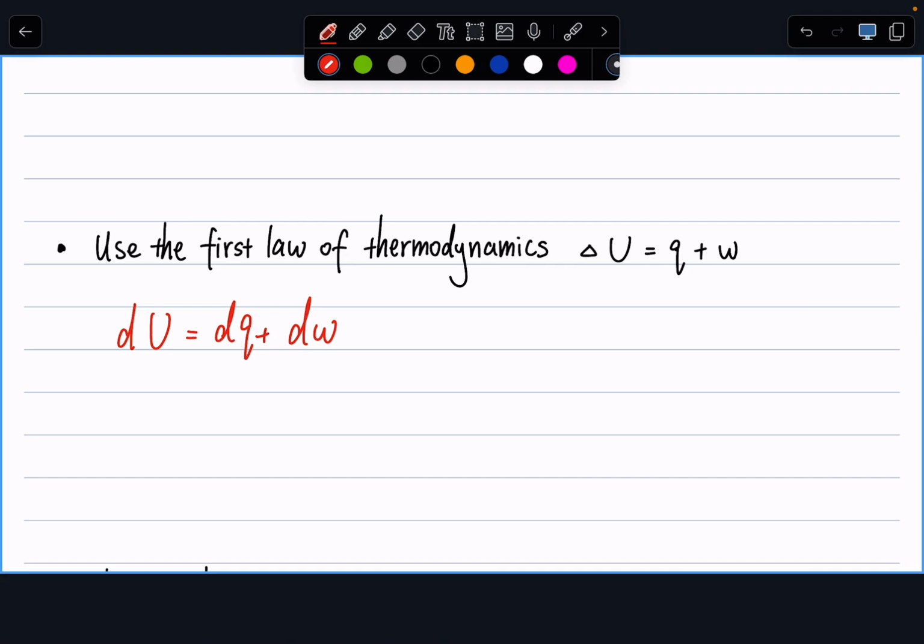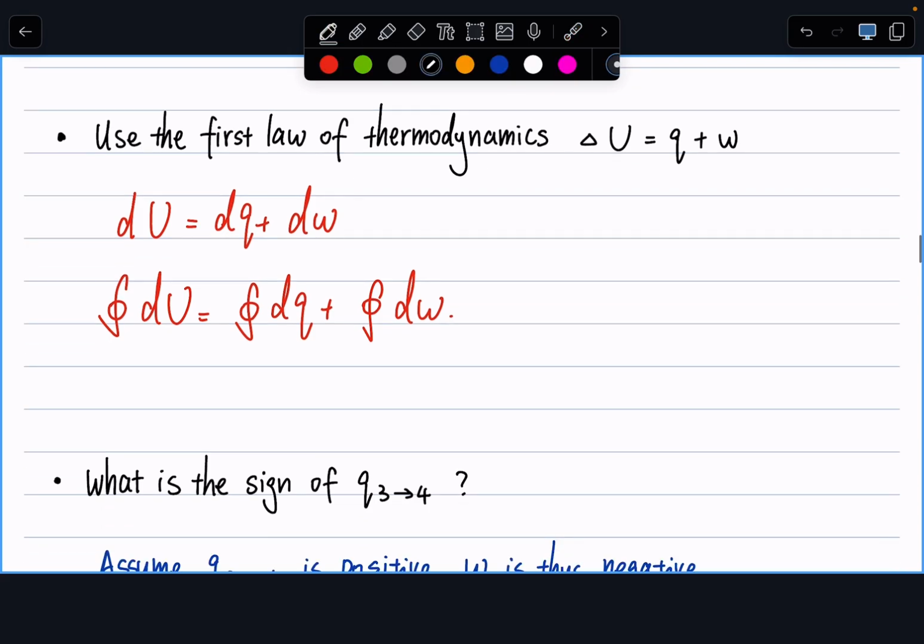Thinking about the integration over my entire cycle, we have the cyclic integral of dU equals the cyclic integral of dQ plus the cyclic integral of dW. On the left-hand side, the cyclic integral of my internal energy is positive, negative, or 0? 0. So this one is 0.